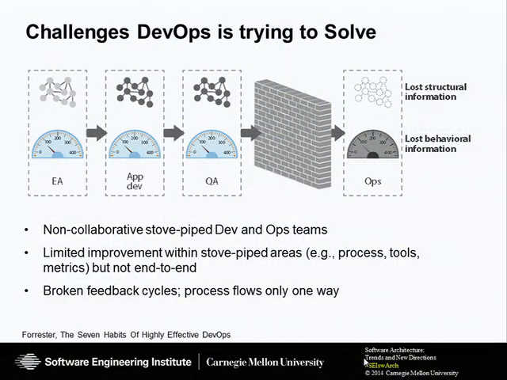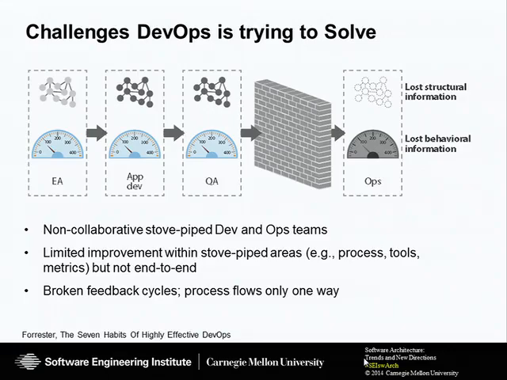Some of the challenges that the DevOps movement is trying to solve are things like non-collaborative stovepipe development and operations teams. That's shown here by the brick wall. There is also limited improvement within stovepiped areas, for example, situations where you have lots of improvement going on on the application development side and lots of improvement going on in the ops side, but maybe not improvement along the whole end-to-end cycle that looks at the whole deployment pipeline.